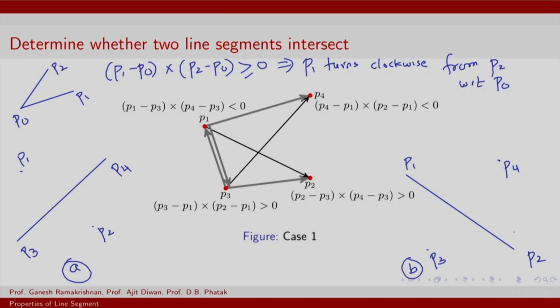In other words, we would expect that on one hand, if P3 was clockwise from P2 with respect to P1, then P4 should be anti-clockwise from P2 with respect to P1.